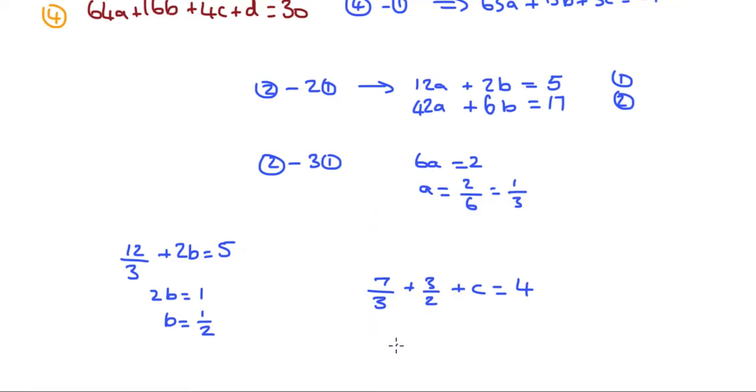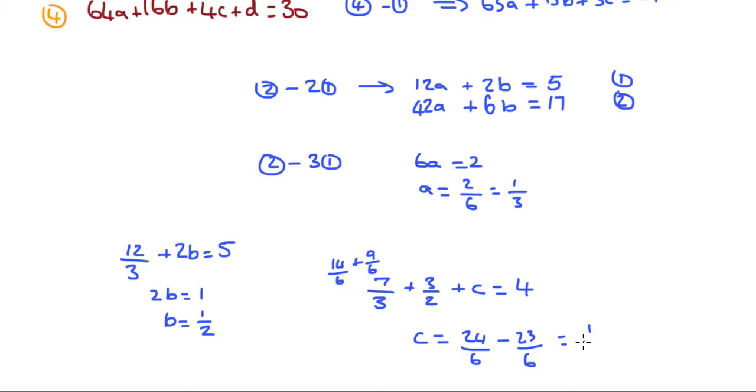That's going to give me C being equal to 24 over 6 minus 14 over 6 minus 9 over 6, so that's 1 over 6.